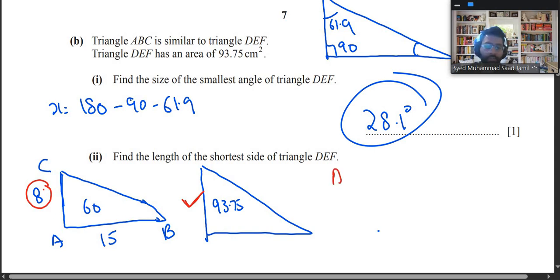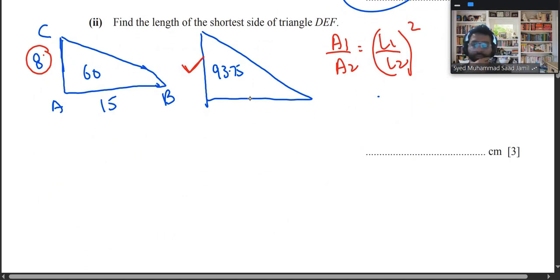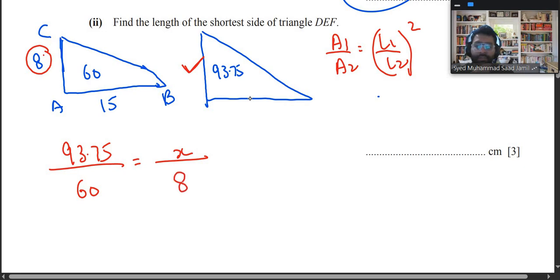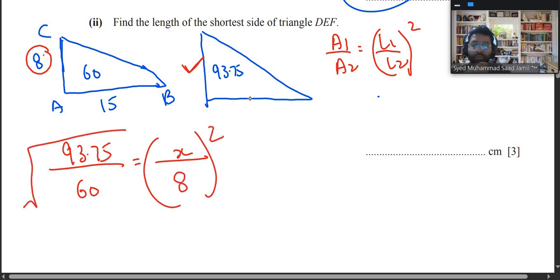So the formula is A1 upon A2 is equal to L1 upon L2 whole square. This means area of the big triangle, 93.75 upon 60, is equal to, we don't know the shortest length, so we will just write x, and the shortest length of triangle ABC is 8, whole square. To remove this whole square, we will take the square root of both sides.